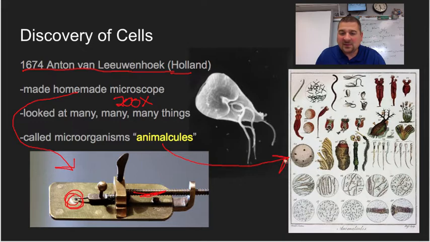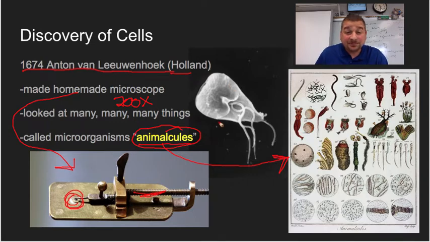Here are some drawings of what he coined animalcules. They were as small as molecules, but they were swimming around and moving like animals. So he said, tiny animals, molecules, animals, we'll call them animalcules. A clever name that he called these little cells swimming around.